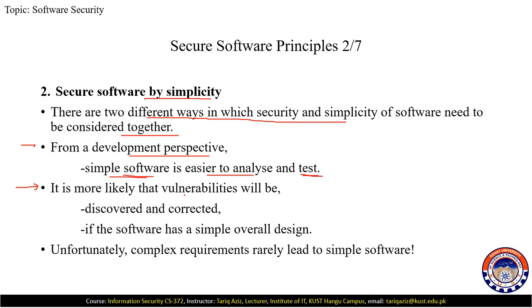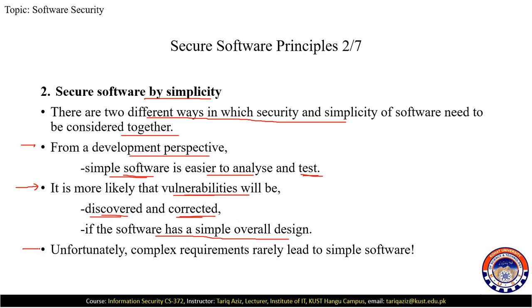then vulnerabilities will be discovered easily and corrected easily if the software has a simple overall design. But if your software has a complex design, then the vulnerabilities in your software may not be discovered and corrected easily.